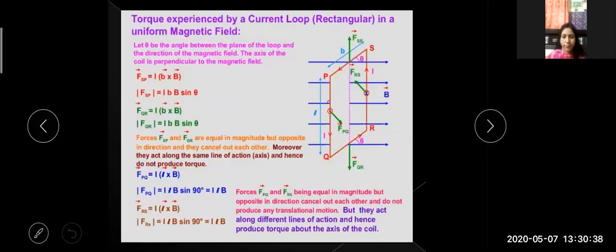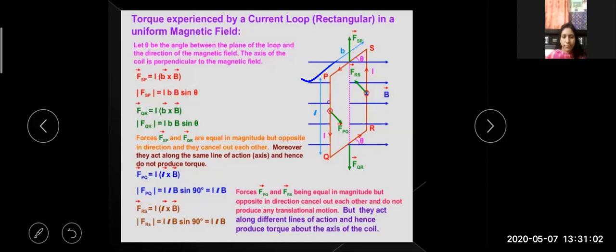Now, the next topic is torque experienced by a current carrying rectangular loop in a uniform magnetic field. Okay, so let's start. Consider a rectangular loop. Over here, PQRS is a rectangular loop which is kept in a magnetic field, right?